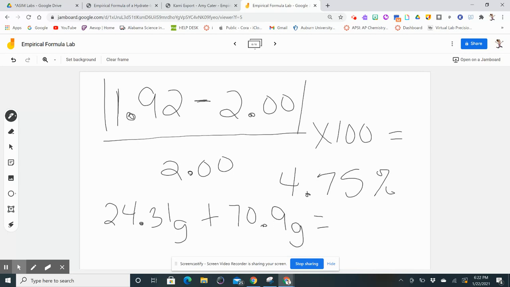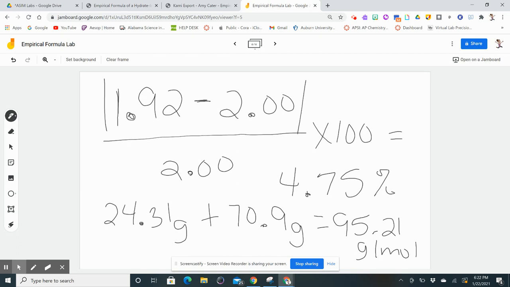And so we add those together and we should get 95.21, something like that. And this is how many grams are in 1 mole of magnesium chloride. So that's why we call it the molar mass.